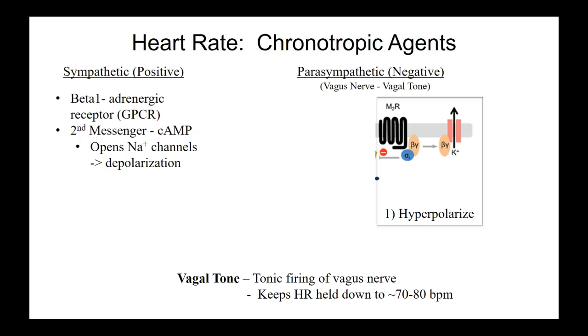Is it making it steeper or shallower? Steeper, which means we're reaching threshold quicker, and for a set amount of time, we're having fewer or more heartbeats? More. So we would say that's positive chronotropic. This is the reason why at the molecular level this happens.